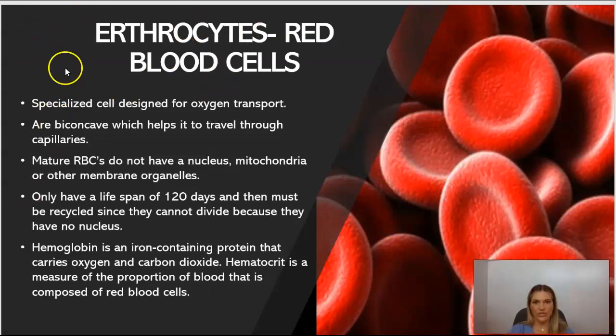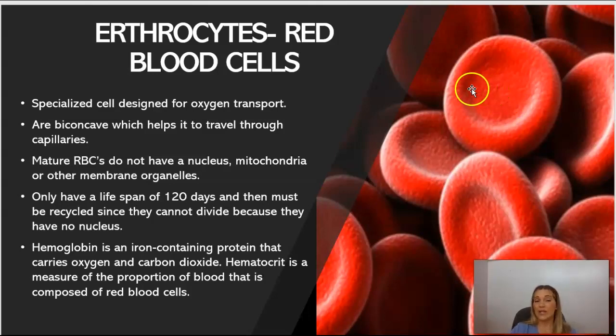Here we have the erythrocytes, or red blood cells, and these are specialized cells designed for oxygen transport. Now they are shaped biconcave, which you can see here. So biconcave means they're kind of flattened on the inside, and this will help them travel through the capillaries easier.